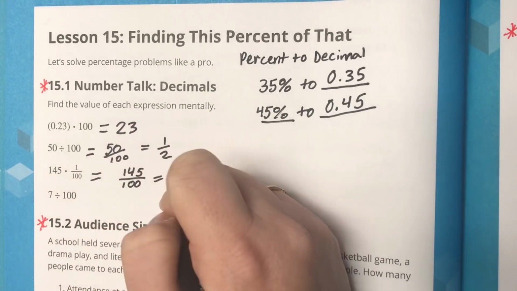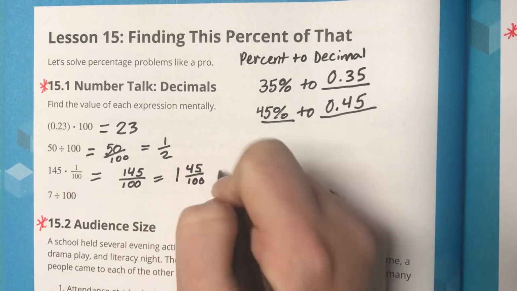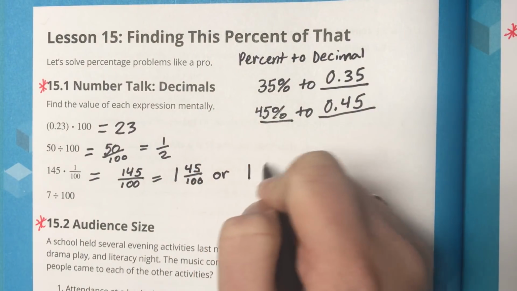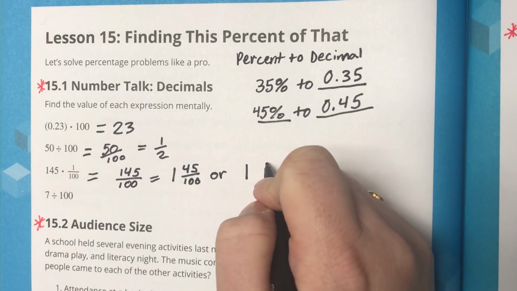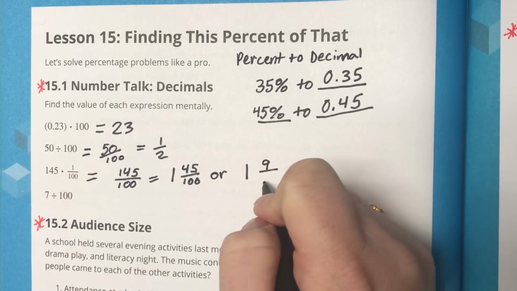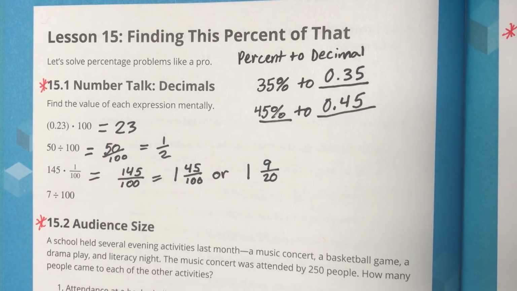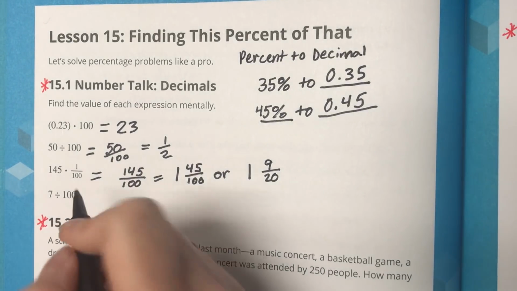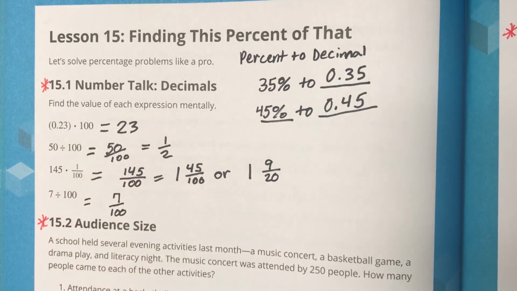We know that would simplify, if you divide by 5, to 9 over 20, and we wouldn't be able to simplify it anymore. And then the last one, 7 over 100. Well, this one we can't simplify.